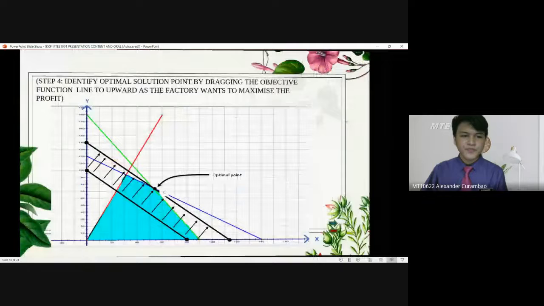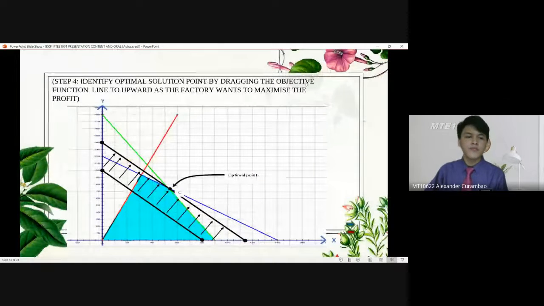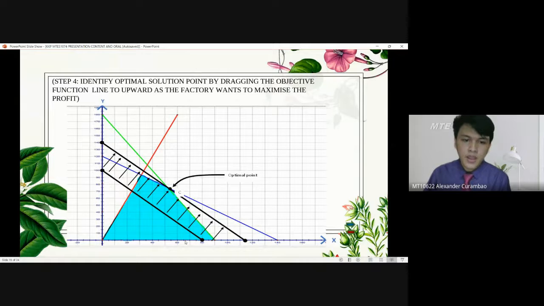Next, identify the optimal solution point by dragging the objective function line upward, as the factory wants to maximize the profits. If you want to maximize something, you need to drag it upward. Or if you want to minimize something, you need to drag it downward.